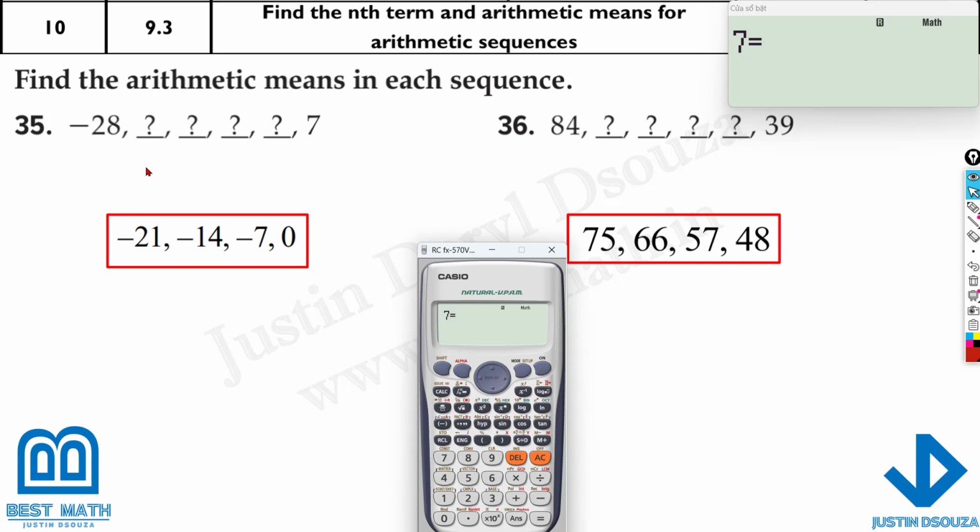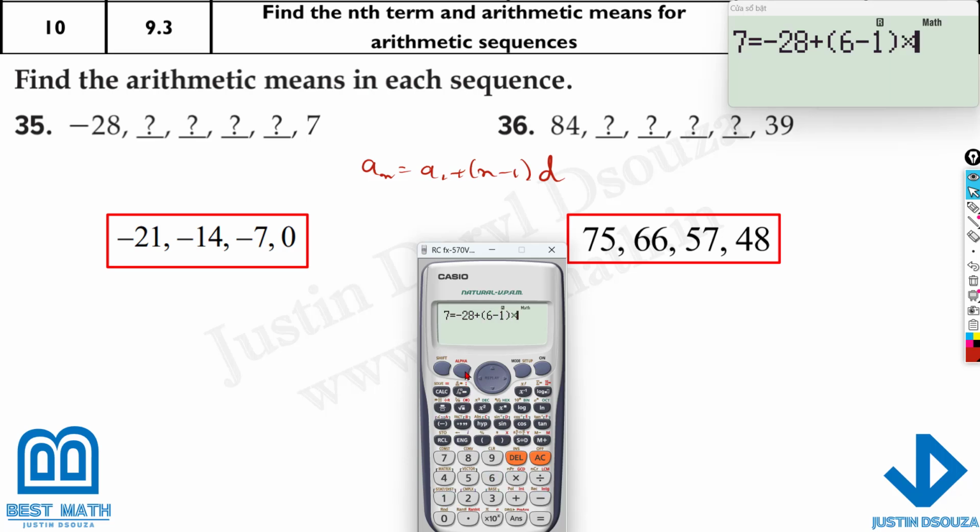So 7 equals, what's the first term? It's minus 28. It's better to write the formula: an equals a1 plus n minus 1 times d. Now practice plenty of times, then you can directly use the calculator and keep the formula in your mind. So plus, now here again count the number of terms, 1, 2, 3, 4, 5, 6. Everywhere it's 6 terms, so it's 6 minus 1.